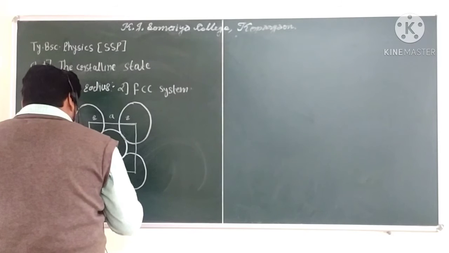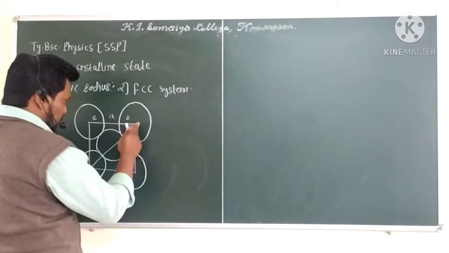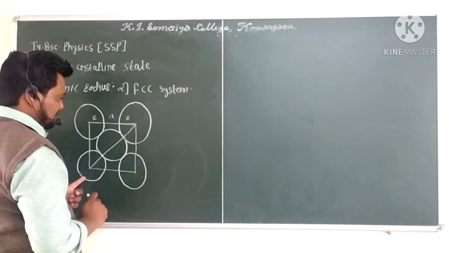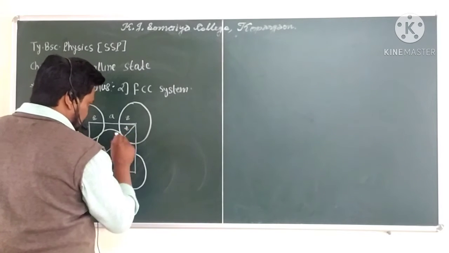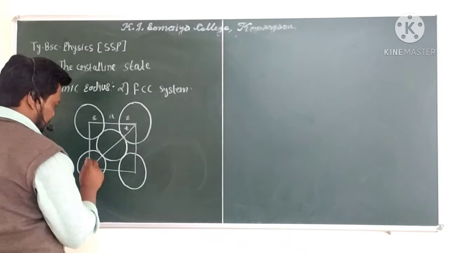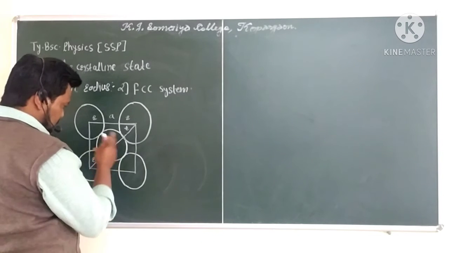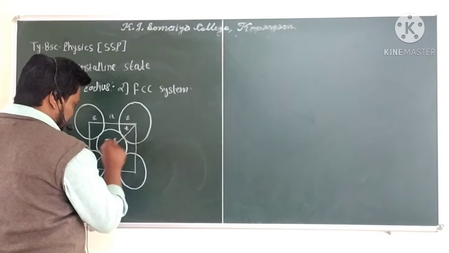So if we connect the centers of the atoms of this crystal, this distance is r, this is also r, so this is the whole circle, that's why this radius is r and this radius is r.